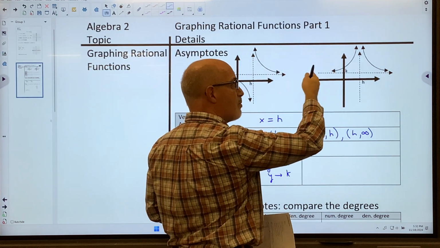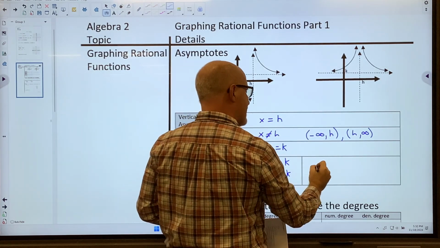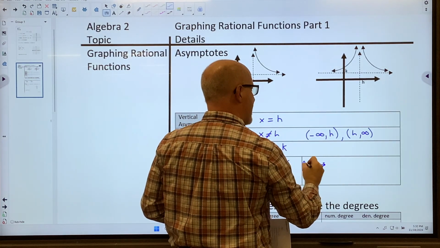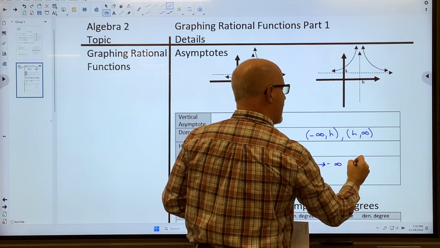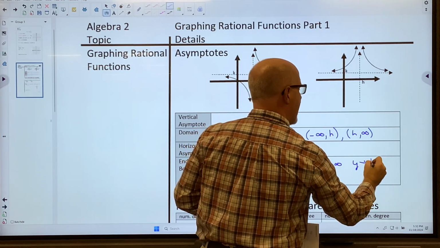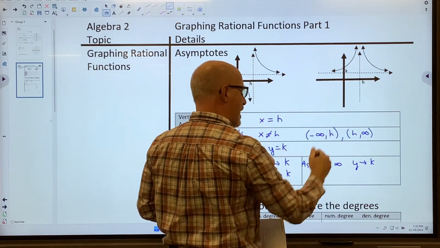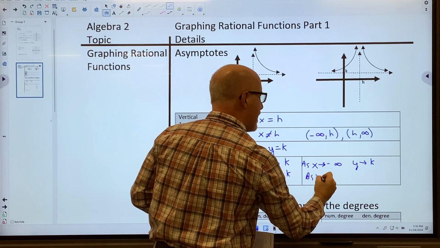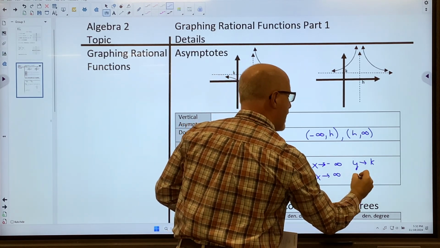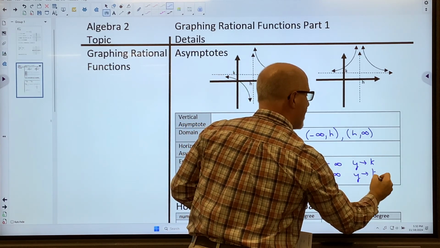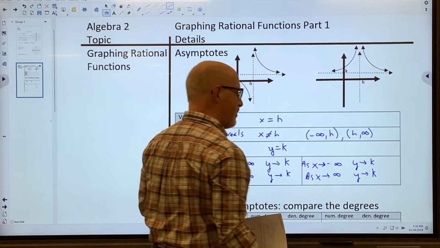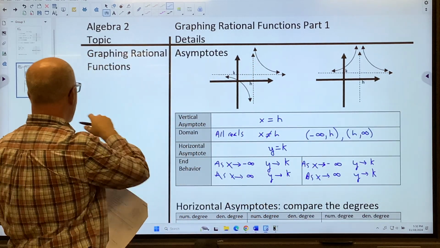Notice that even though they're both on the top, you have the exact same end behavior. As x goes to negative infinity, y is going to go to k here from the top side, and as x goes to positive infinity, y is going to go to k also from the top side and get infinitely close to it. So that's our end behavior.